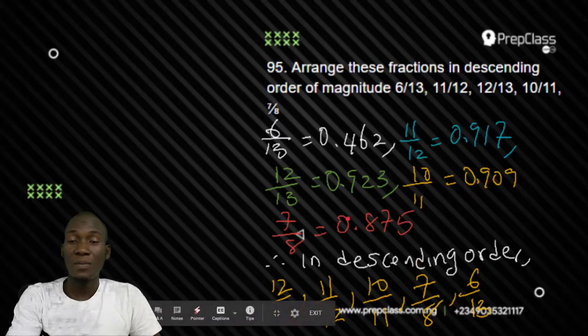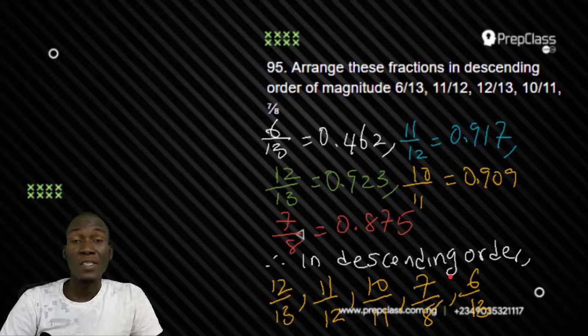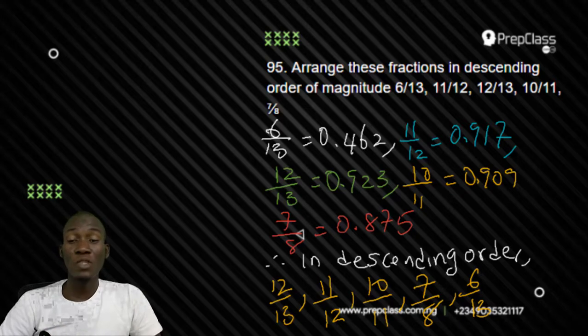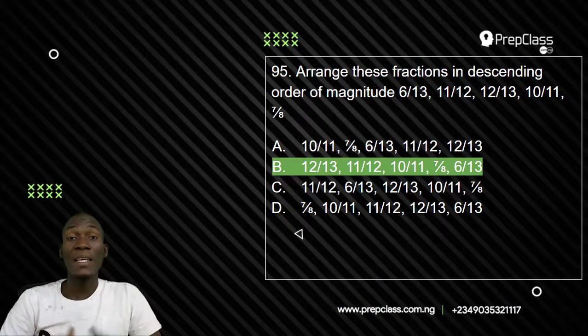The next highest is 7 over 8, that's 0.87, comma, then the last one, which is 0.462, that is 6 over 13. So in descending order, we have the fractions to be 12 over 13, comma, 11 over 12, comma, 10 over 11, comma, 7 over 8, comma, 6 over 13. And the correct option is option B.